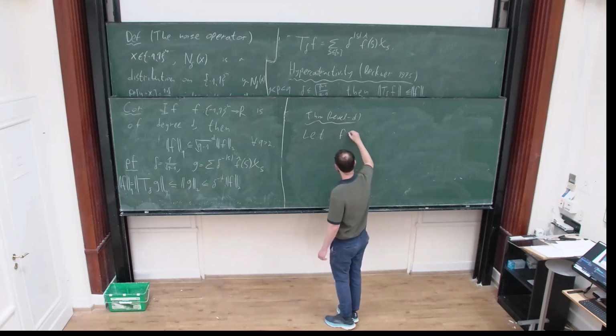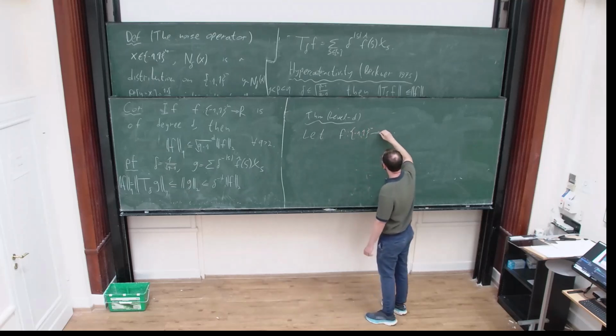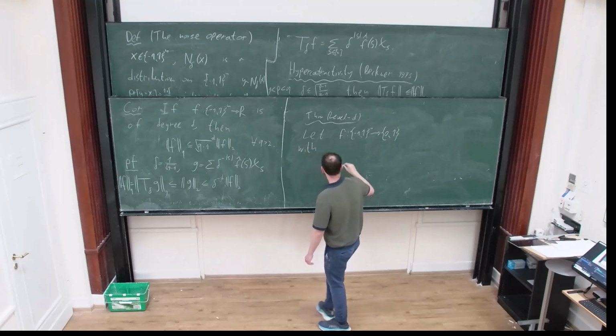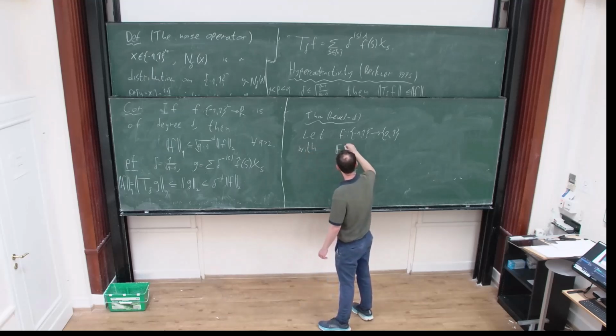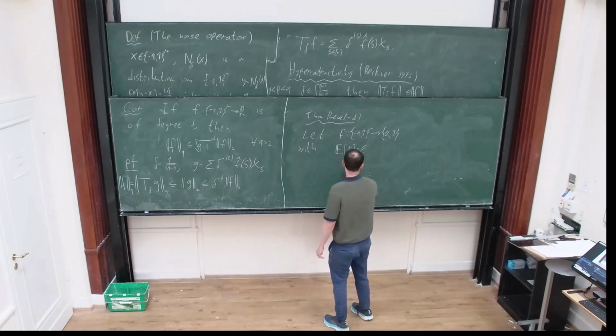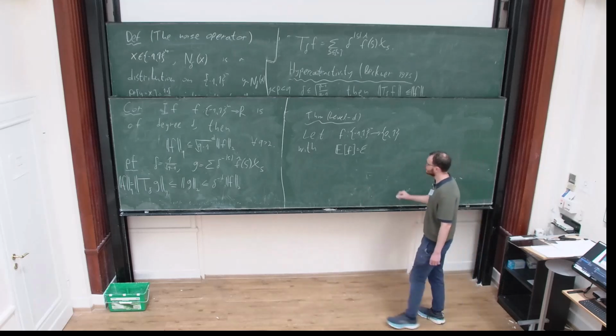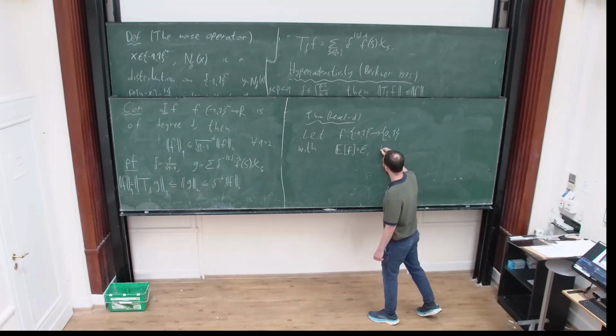Suppose that you have a function f from the cube to {0,1} with expectation epsilon, and suppose that d is smaller than log 1 over epsilon.